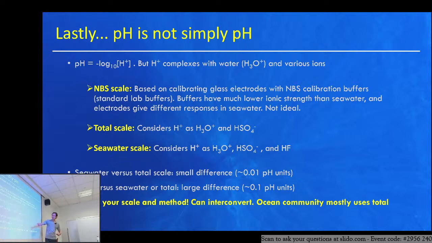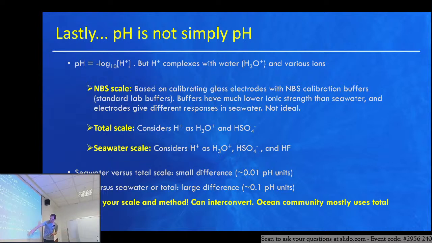But the NBS scale versus the seawater or the total scale is a really big difference of about 0.1 pH units. So when you get pH data from somewhere, it's really important to know: is this pH on the NBS scale? Is it pH on the total or seawater scale? There's also the free scale, and those three are more similar to each other.